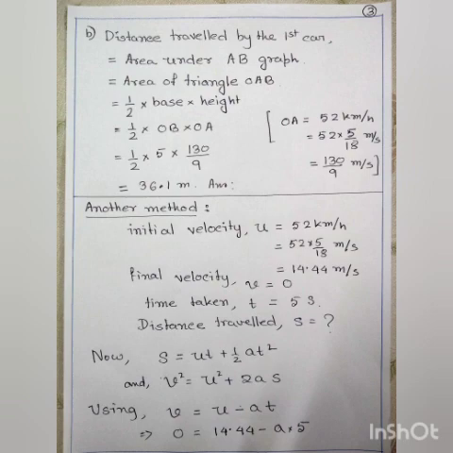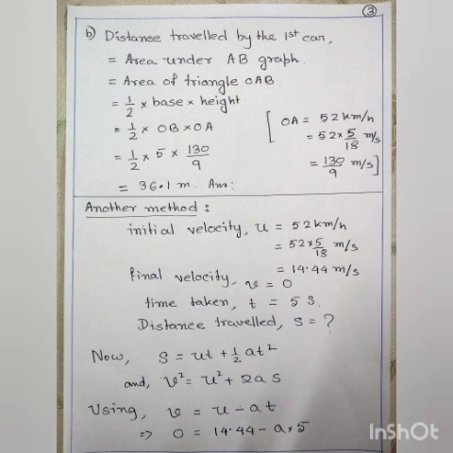Now see here, the base, that is time, is in seconds, and the height, that is speed, is in km/h. So here we have to convert the km/h into meter per second, as time is in seconds.